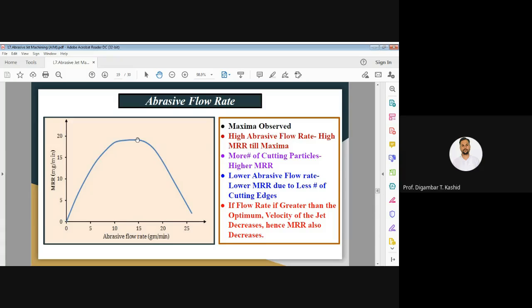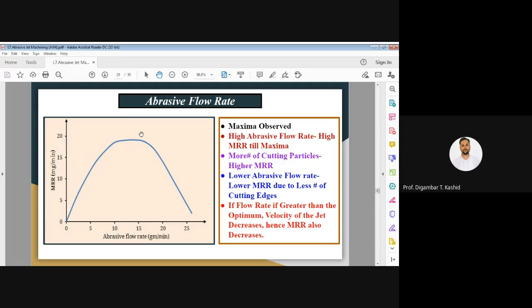Now the question is, what are the reasons for this? Once there is an increase in flow rate, you will get a higher material removal rate till the maxima, that is this optimal value that you obtained over here. If you keep increasing the flow rate, the number of abrasive particles that cut the material keeps on increasing, and as a result you can see material removal is increasing up to this maximum.